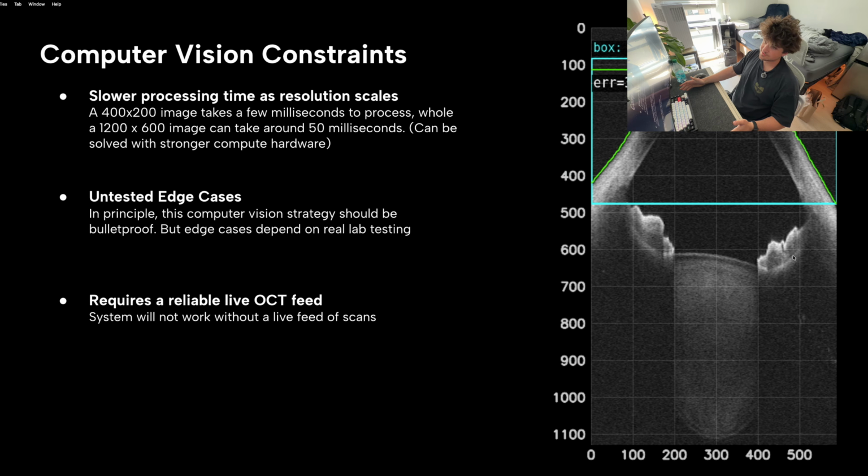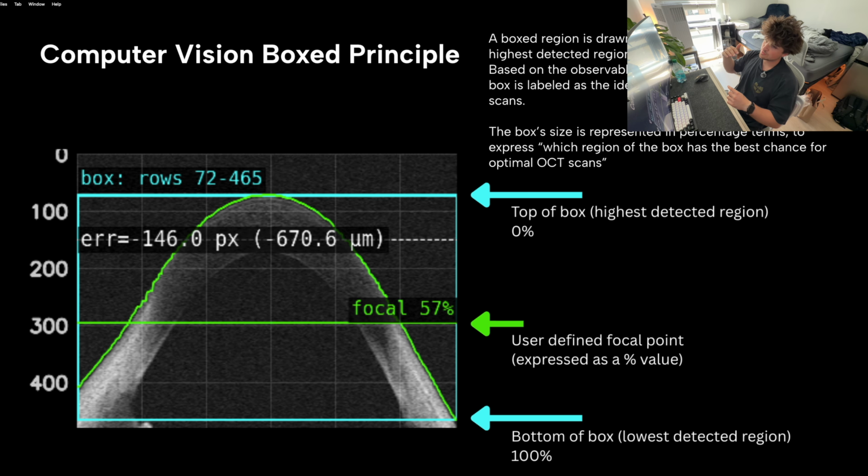Some constraints with computer vision, of course, is processing time. The good thing about that is as our hardware scales, the processing time will also become a lot faster, but it means that we need to be mindful of image sizes. How can we declare a window where the scans are going to be the highest quality? Draw a box with the top of the box being the highest detected surface and the bottom of the box being the lowest detected surface.